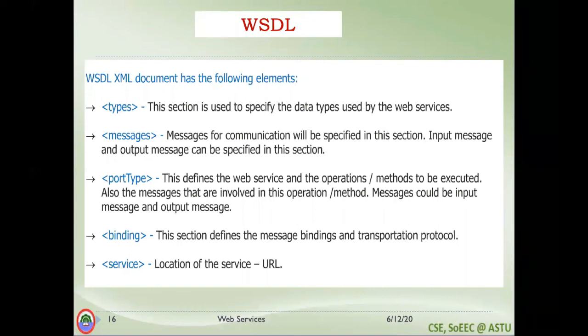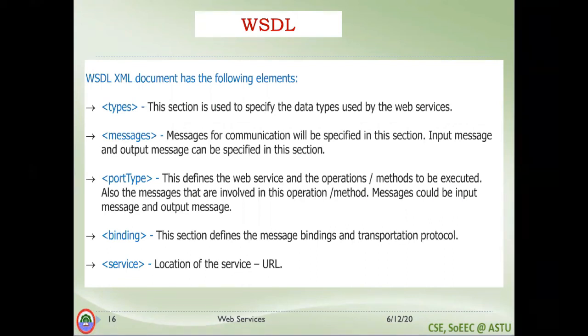Types is one of the major sections, used to specify the data types of each web service. A web service used to have many parameters, and each parameter can have different data types. Those data types will be defined in the types section. Another one is the message section, for the communication: request and response messages.